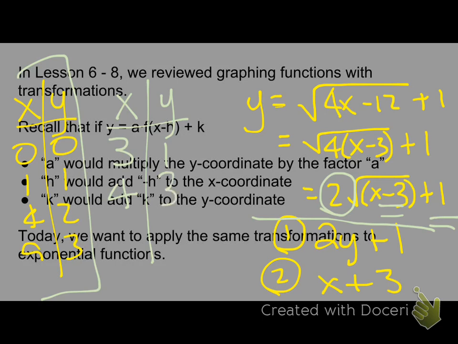What about 4, 2? Travis, do you mind? Not 3. X plus 3.